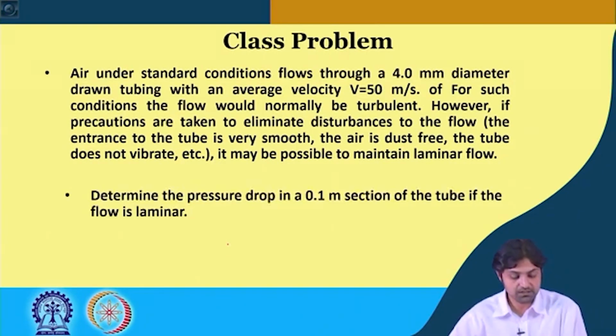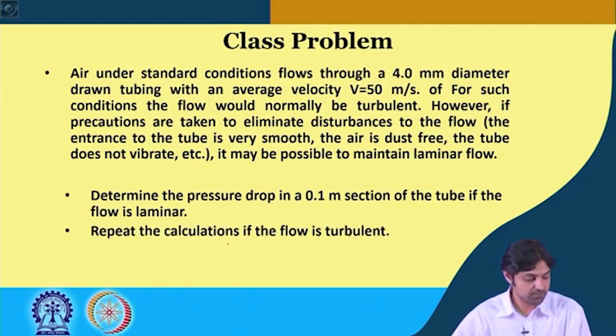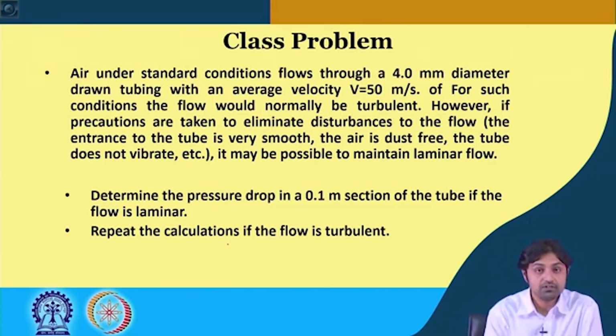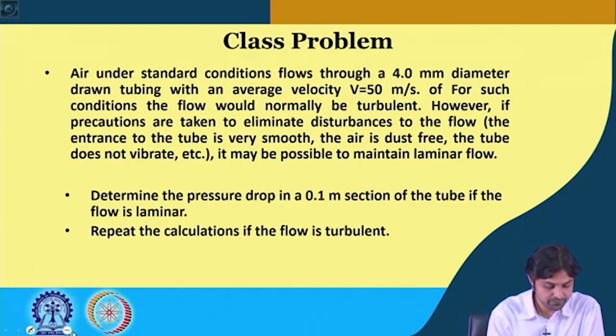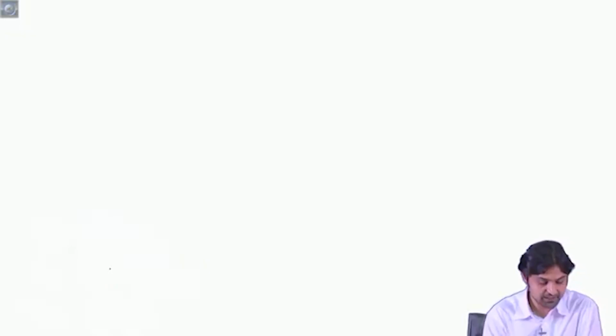So, the first part is to determine the pressure drop in a 0.1 meter section of the tube if the flow is laminar, and the second part is to repeat the calculations if the flow is turbulent. All right. So, we will solve this question again on the white screen.